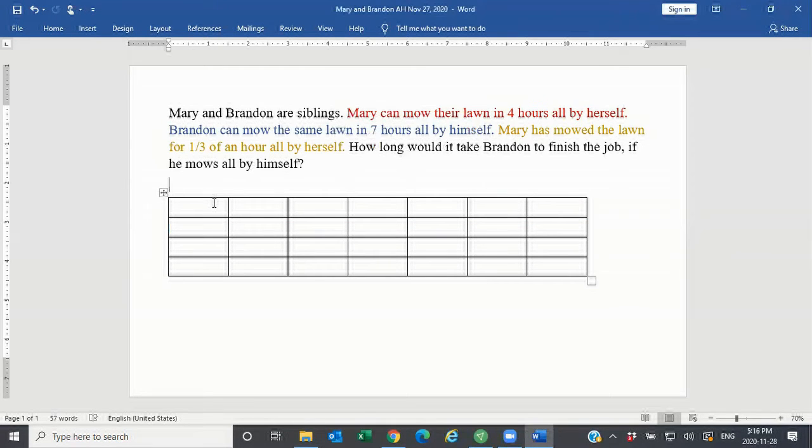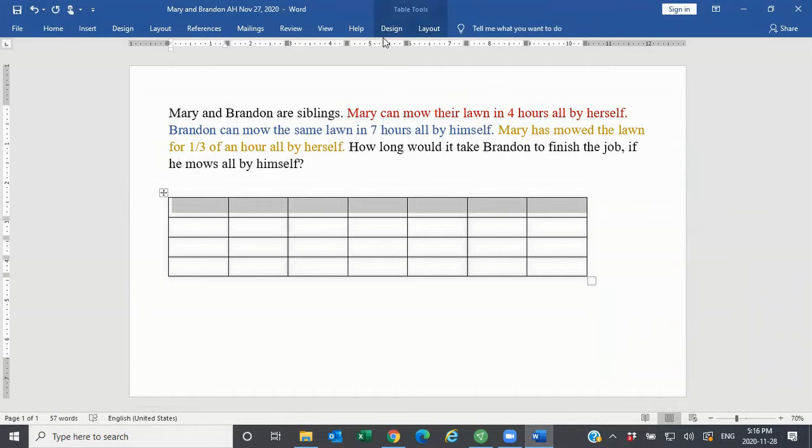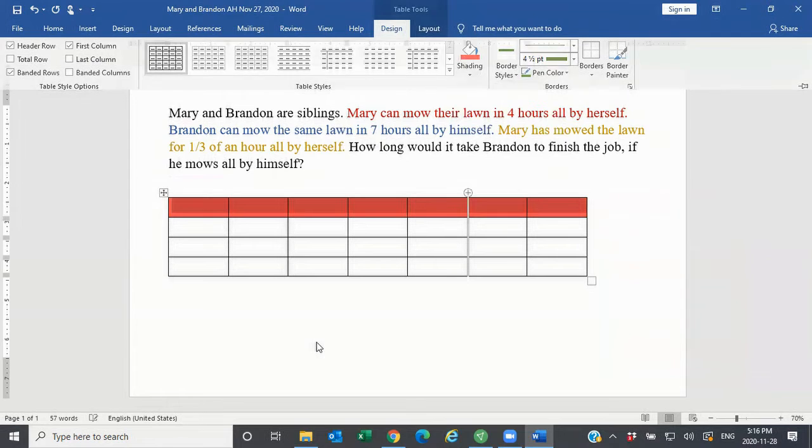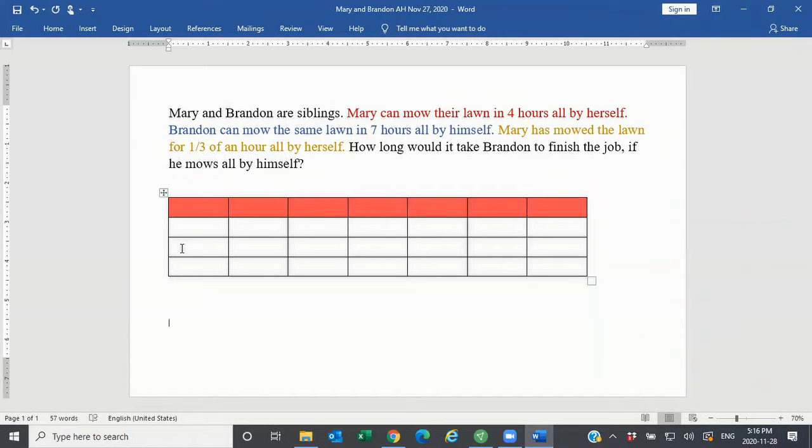So I'll make 1/4 of the lawn red to match Mary's sentence. There. So I'll write Mary can mow 1/4 of the lawn in 1 hour.